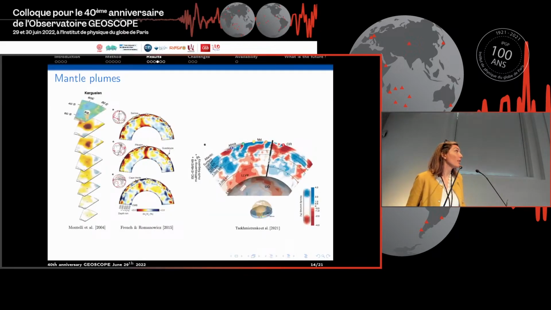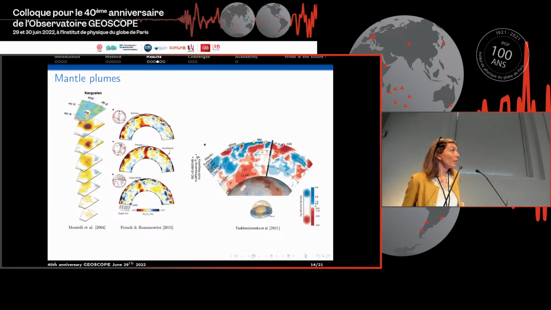So these are images I picked for mantle plumes, or at least what is interpreted as being the trace of mantle plumes. Montelli et al. is maybe the first image, from what I know, of a plume. And this one is Widmer-Schnidrig, but we have more recent results from French and Romanowicz, where you see this low velocity anomaly starting from the CMB and going up to the surface, right beneath the hotspot volcanoes.